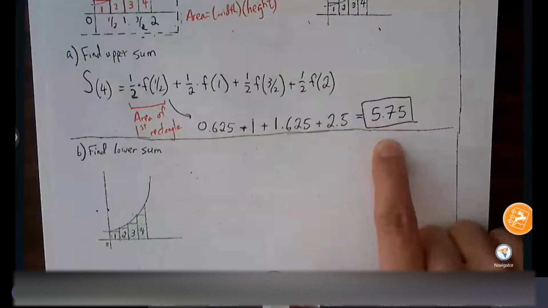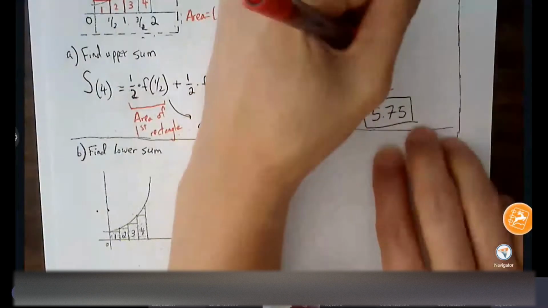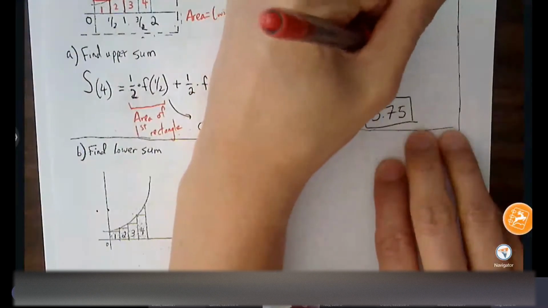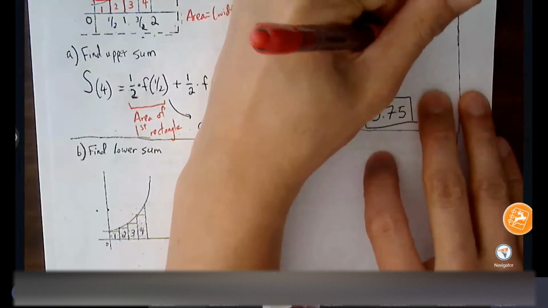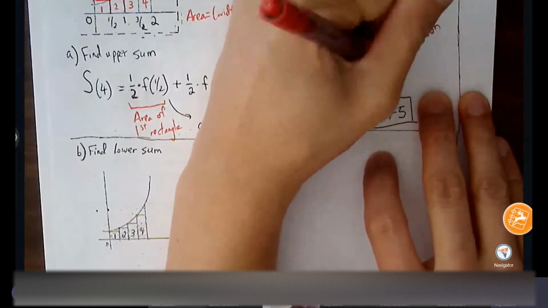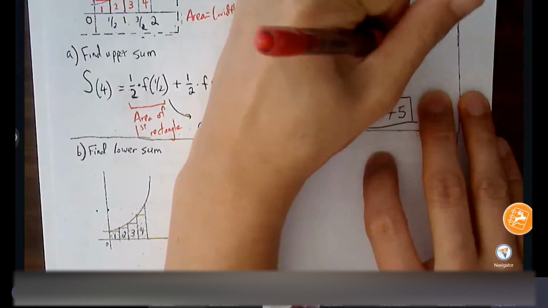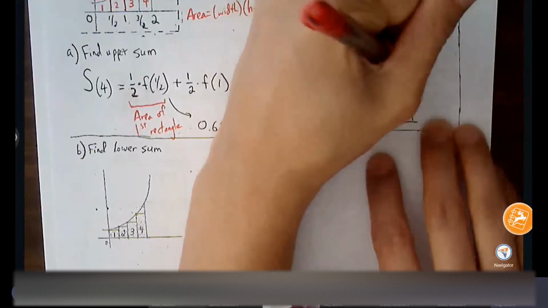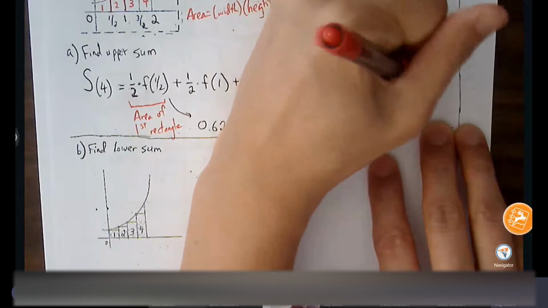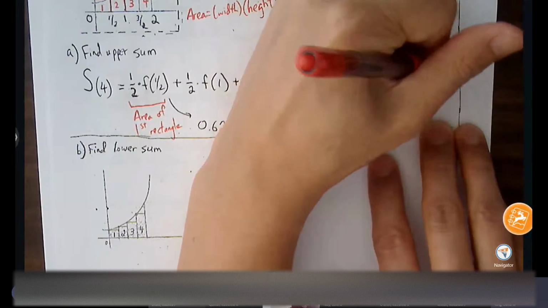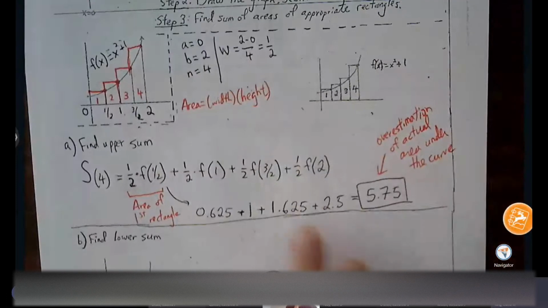This number represents an over approximation or overestimation of the actual area under the curve. Okay, any questions here?